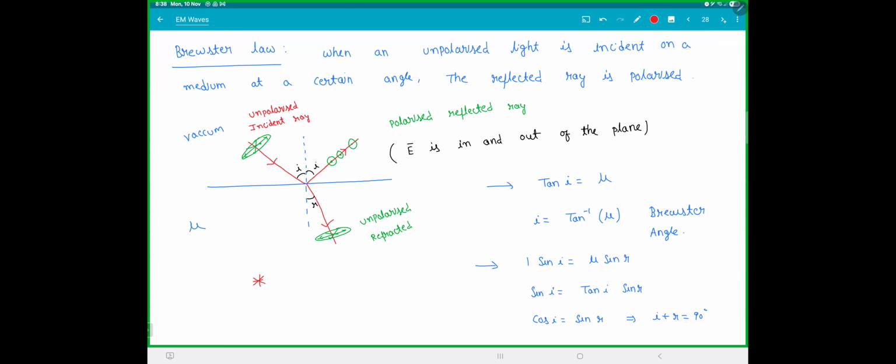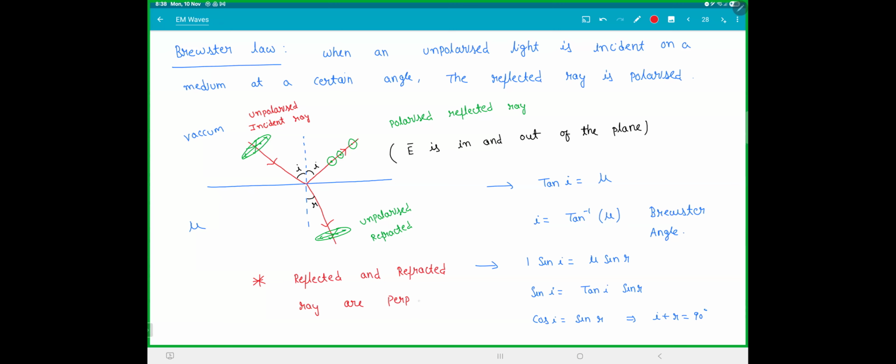Just play around with this. So there are three questions I can ask you. Which direction is the field polarized? What is the Brewster angle? And what is the angle between reflected and refracted ray when the reflected ray is polarized? Reflected and refracted rays are perpendicular.